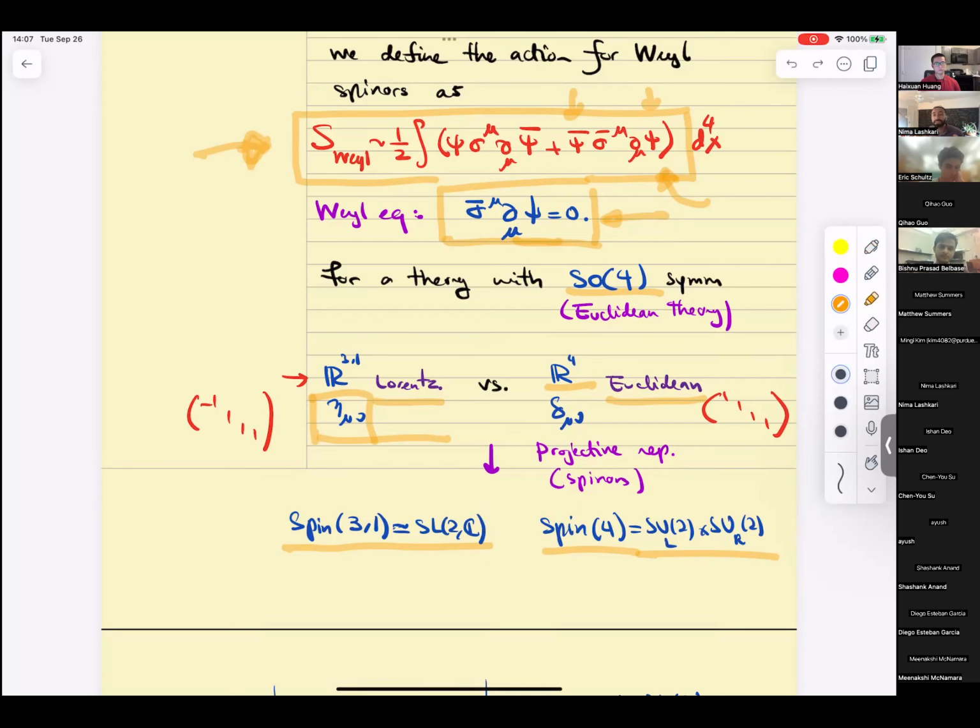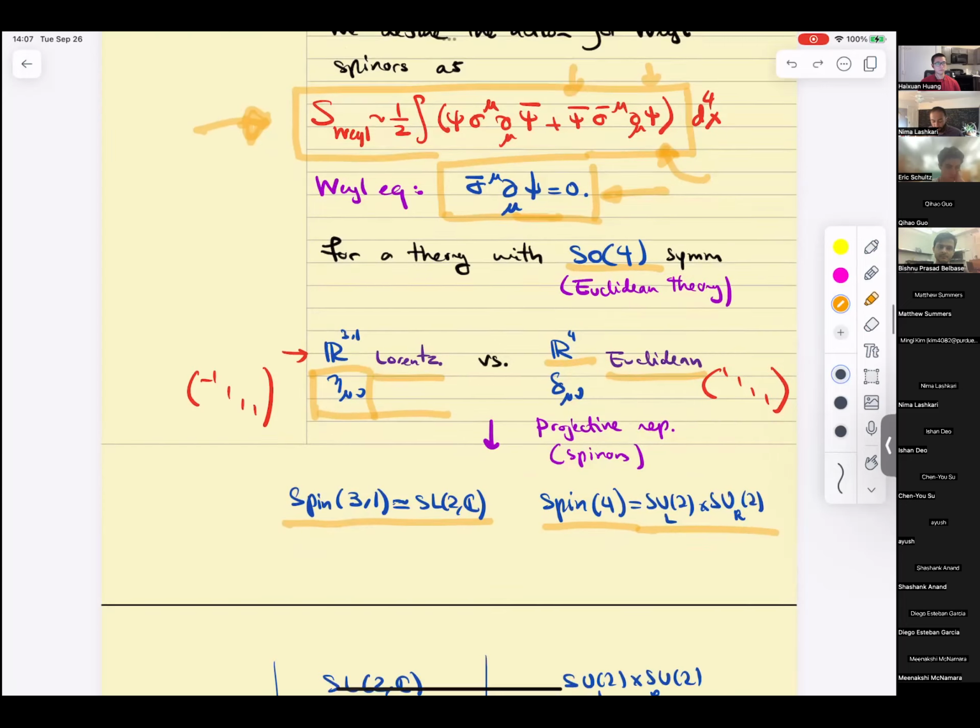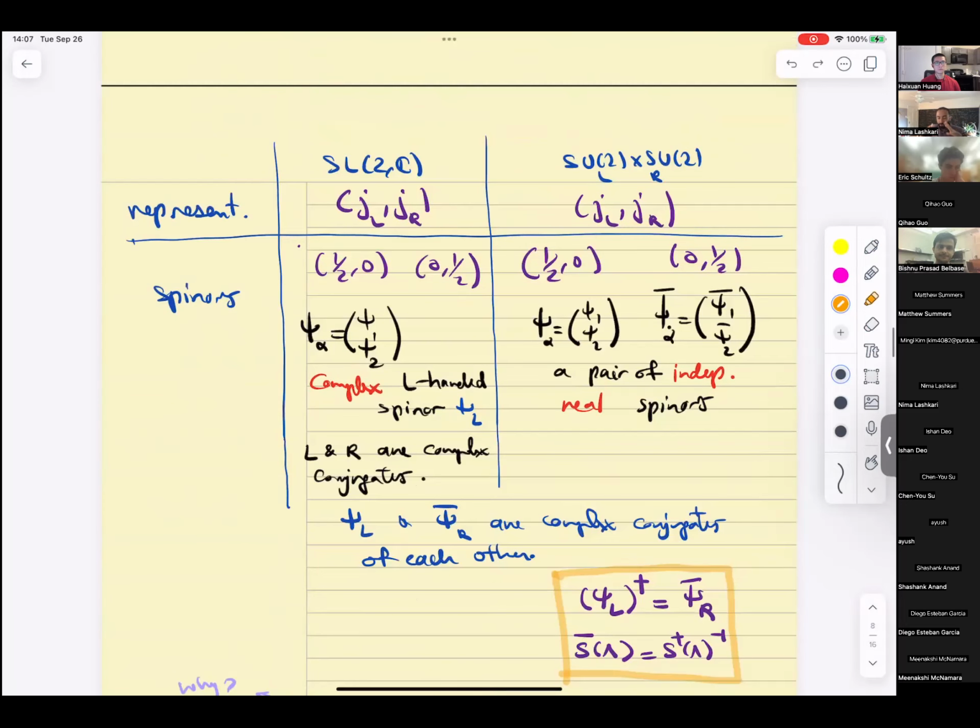So I'll tell you what the distinction is. Here is a table to have in mind. On the left, you have SL2C, the representation theory of the 3 plus 1 dimensional Lorentz group. On the right, you have the representation theory of the Euclidean theory. So this is the Lorentzian, this is the Euclidean theory.